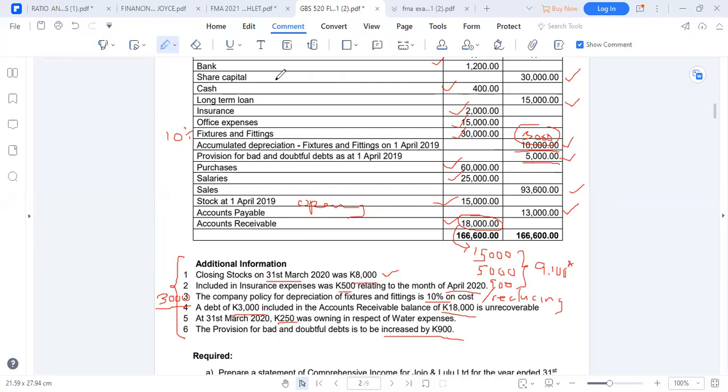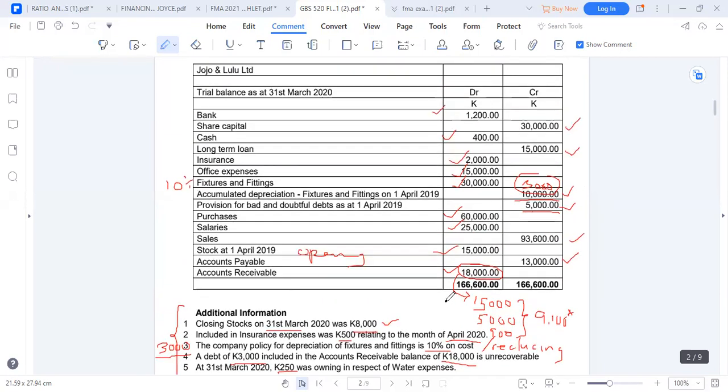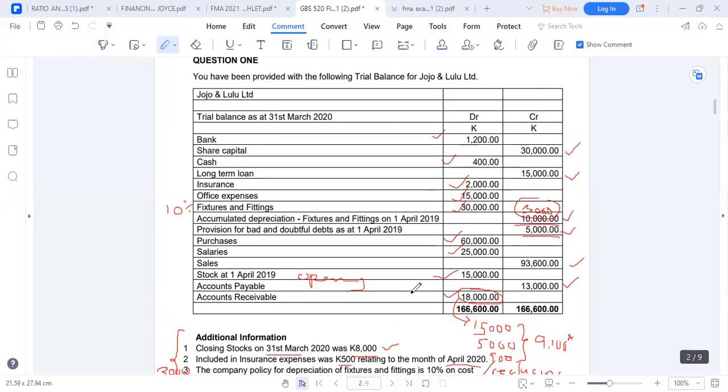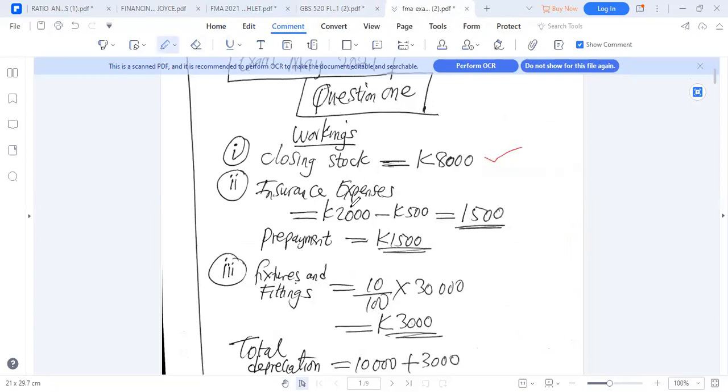All right, so now we can go to preparing our comprehensive statement. How do we start our trading account? What do we have there? We have the workings that have been explained. Our closing stock is 8,000. Our insurance, we're told that there was a prepayment of what? 500, which was for April, remember?